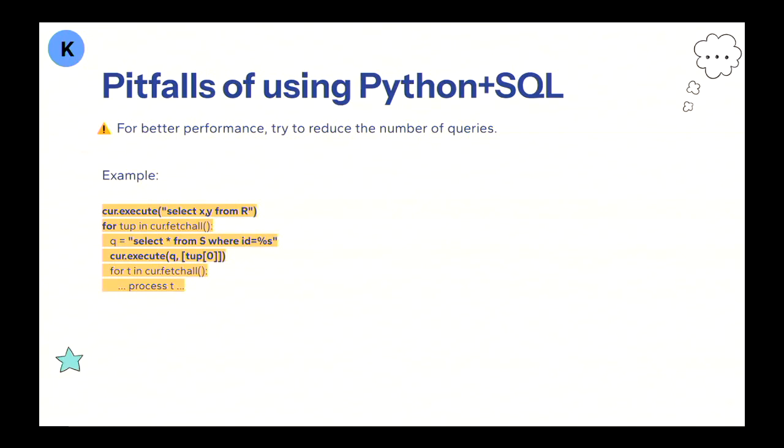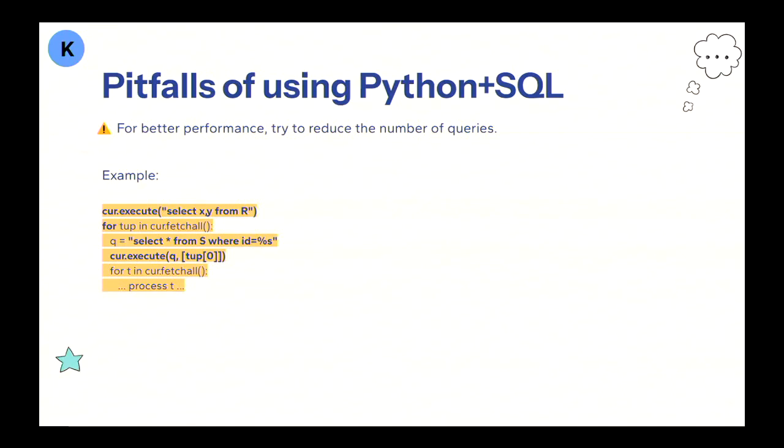So for example, we have two pieces of code here, and the first one is like this. First we select X and Y from the table R, and then from what we have selected, we check the values against the values from another table.